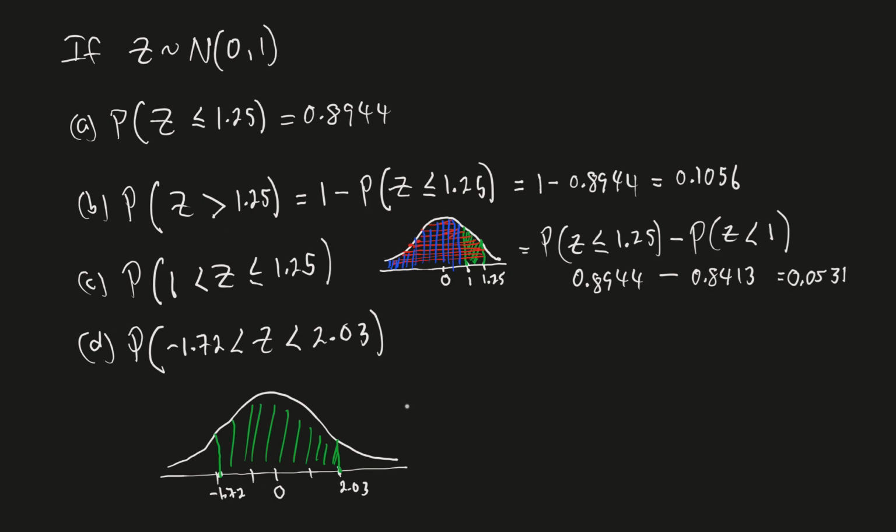So let's set up the difference and then get the values from the table. This probability is equal to the probability that z is less than 2.03 minus the probability that z is less than -1.72. All right, so let's first do the 2.03.